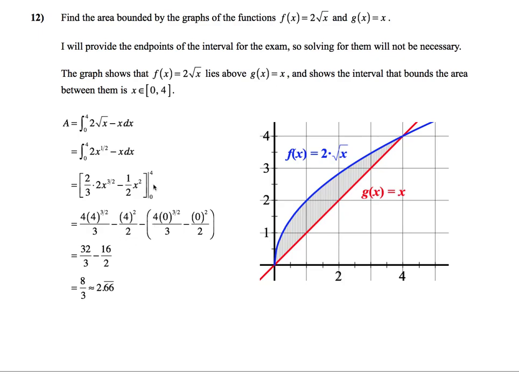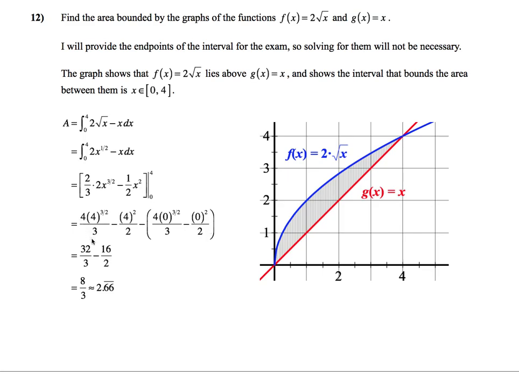Then we evaluate this antiderivative at 0. Well, 0 to any power is 0, and times anything is 0, and over anything is then 0, and so here we have 0 squared, which is 0, over 2, which is 0. So this evaluation is just simply 0.